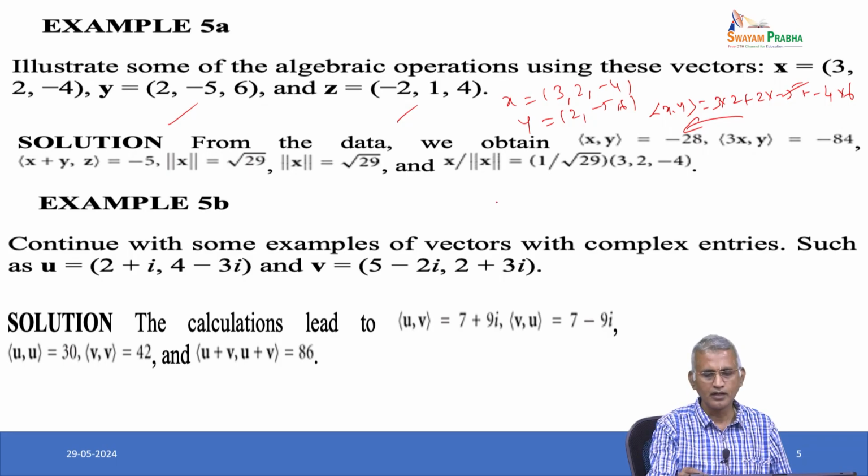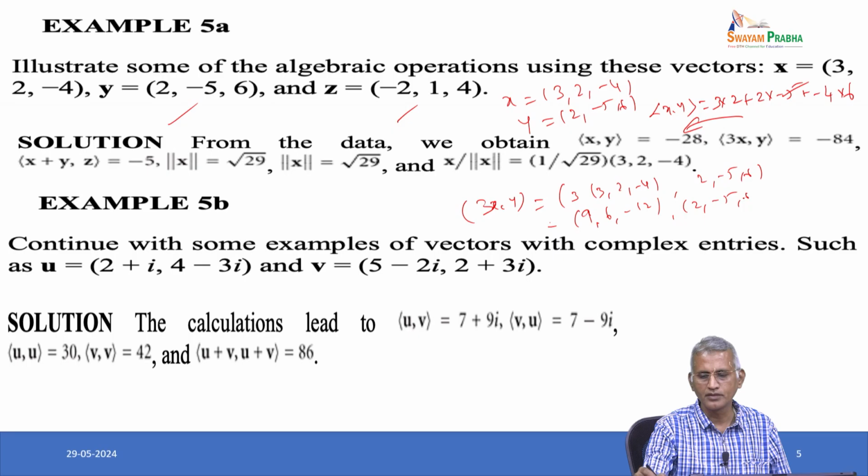Suppose you want 3x comma y. You have to multiply 3 into 3, 2, minus 4, with y as 2, minus 5, 6. Then 3 into 3 is 9, 3 into 2 is 6, and 3 into minus 4 is minus 12, comma 2, minus 5, 6.